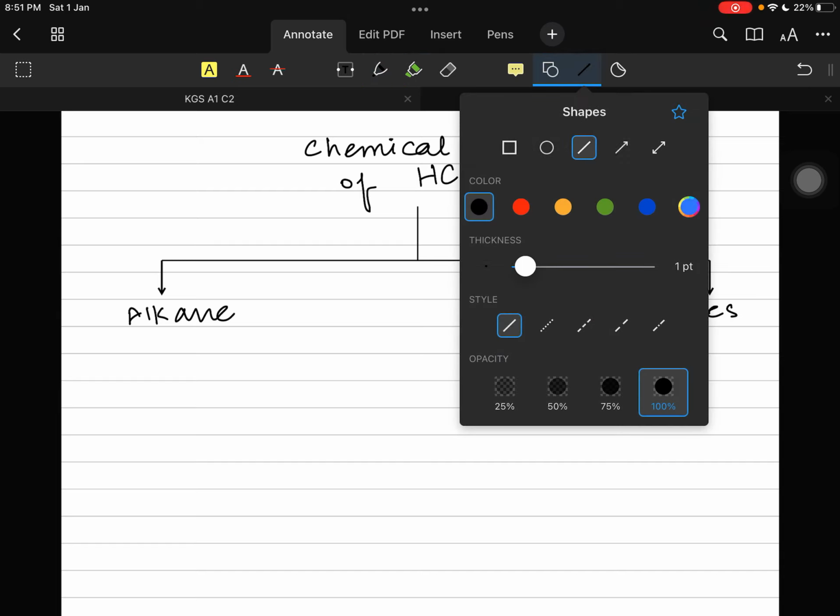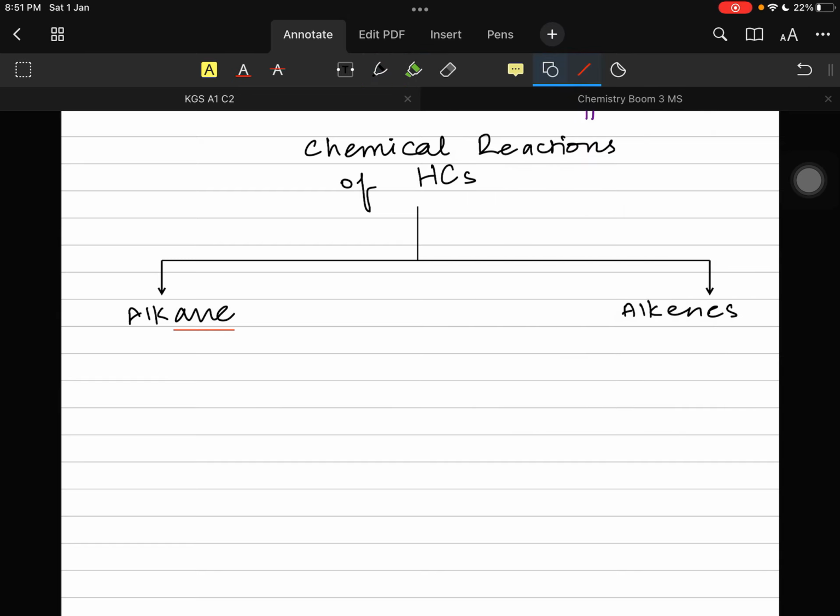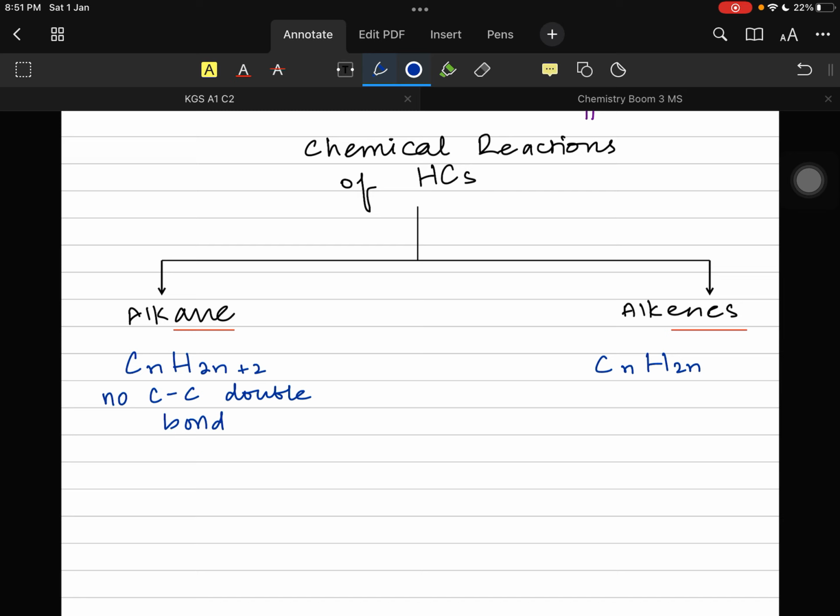We know a few things about them already: alkanes have a general formula of CnH2n+2. Alkenes have a general formula of CnH2n, there's no plus 2. Alkanes have no carbon-carbon double bond. Alkenes have one or more carbon-carbon double bonds.